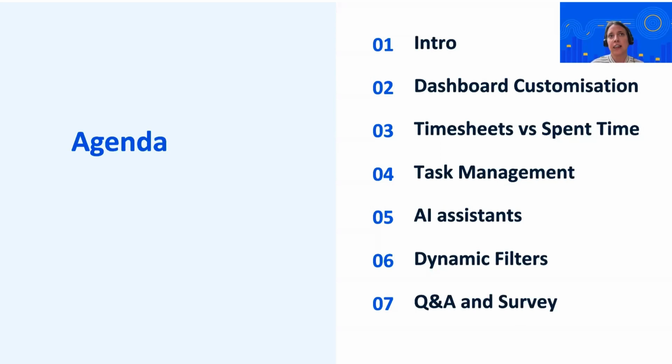And then I'll show you how AI assistants can assist you with daily work. And lastly, before the Q&A section, I'll show you the difference between filters 1.0 and how to work with dynamic filters, and also one tip on how to display dynamic filters of tasks in an application.